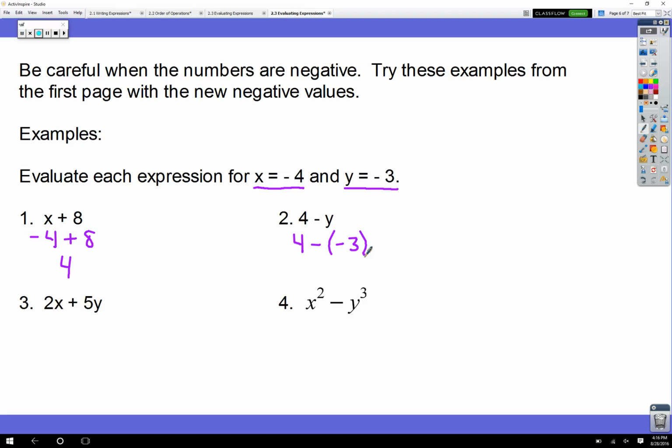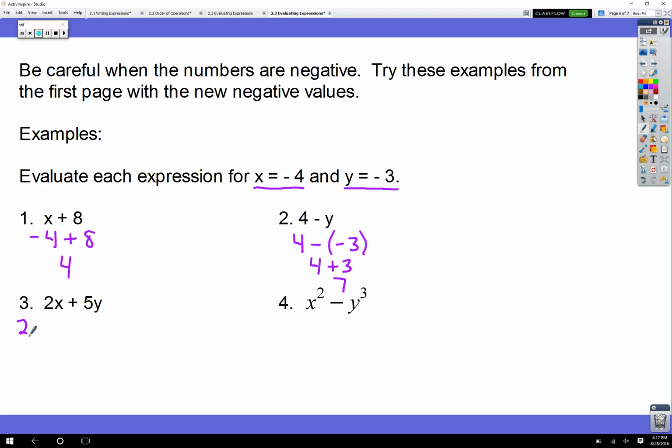And I like to use parentheses because it just divides the number up a little bit and makes it easier to see. When we subtract a negative, it's the same as adding a positive. So 4 plus 3 is 7. These are the kinds of things that people often miss because many times people will just write 4 minus 3 instead of 4 minus a negative 3.